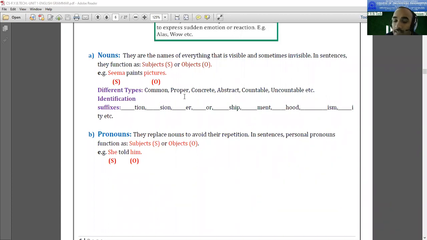Then Kilimanjaro, Mount Kilimanjaro. That also is a mountain which is found in Africa, Kenya.